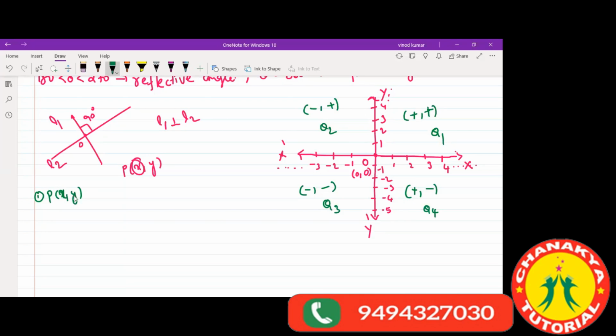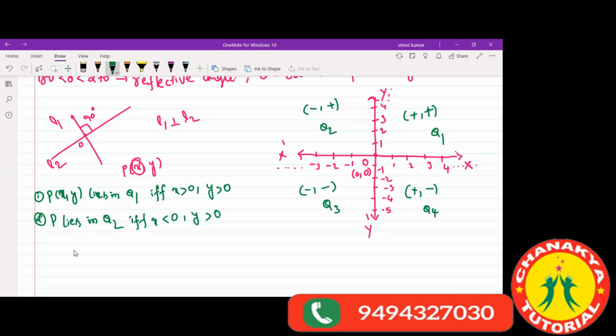P lies in quadrant 1 if and only if x is positive and y is also positive. And the second one: P lies in quadrant 2 if and only if x is negative and y is positive. Is it right or not? Yes, sir.